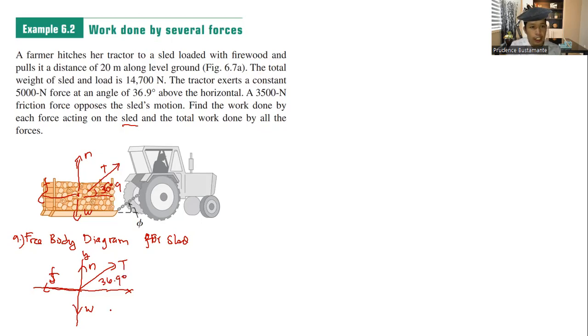So those are the forces acting on the sled. In the problem, the sled undergoes a displacement, a vector, in the x direction, which is 20 meters, in the positive x direction.